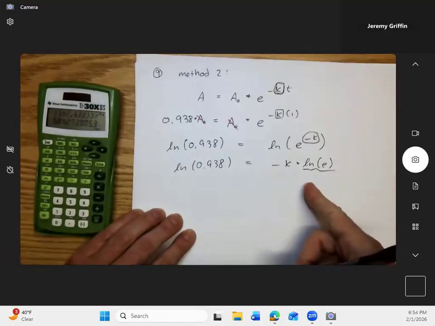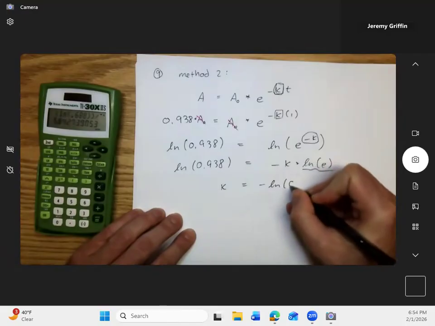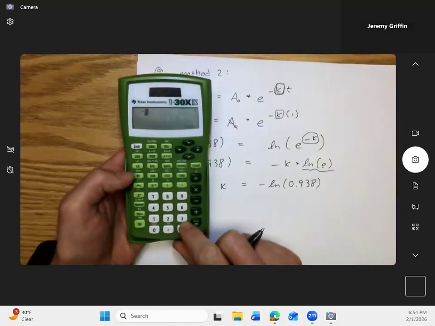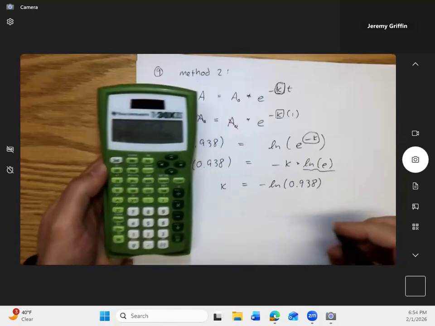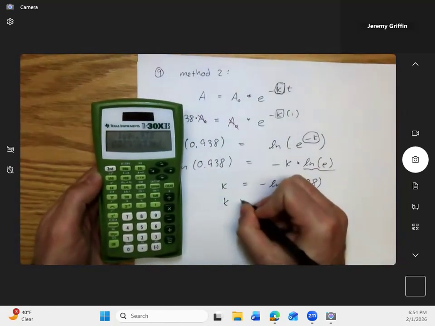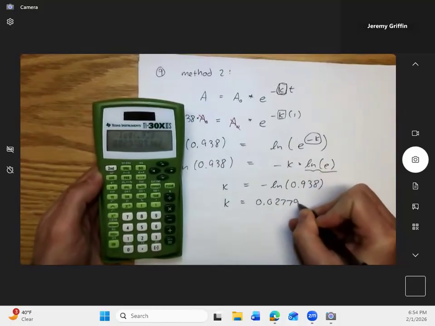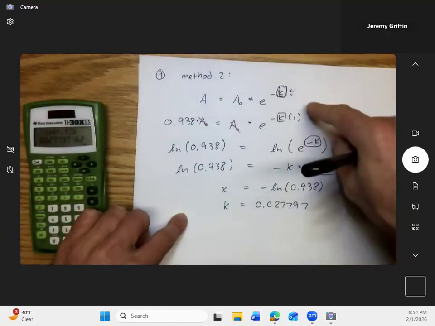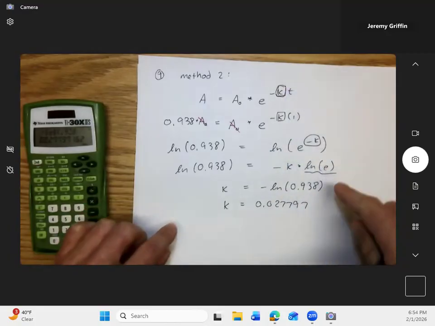All right, so k is just equal to negative natural log 0.938. Okay, let's see what that is. Negative log 0.938. I'm looking at k is 0.027797.